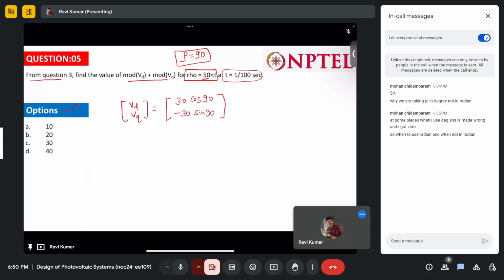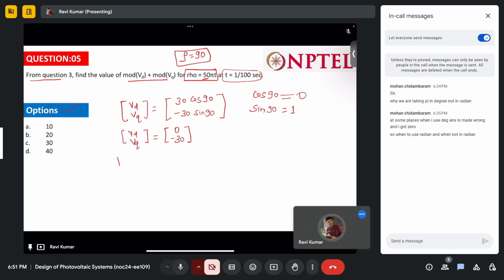What is the value of cos 90? It is 0. And sine 90 is 1. So our VD, VQ form will be 0 and minus 30.